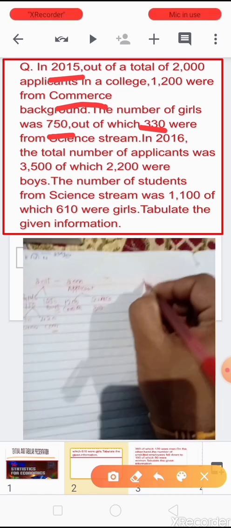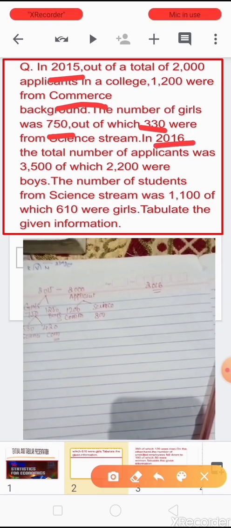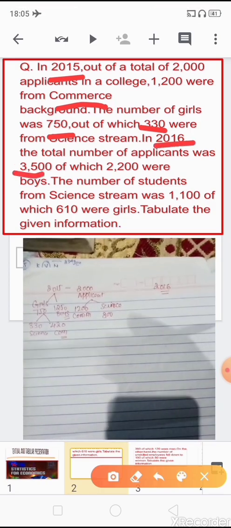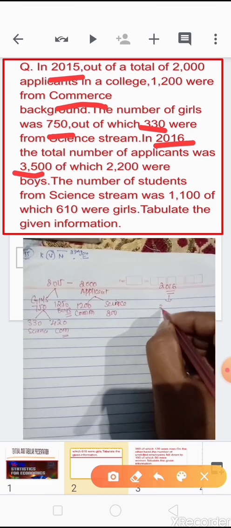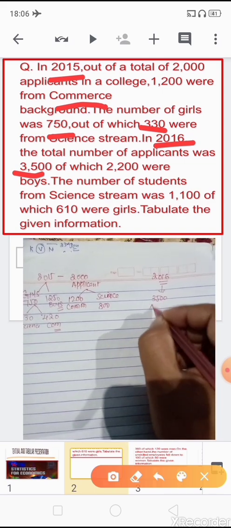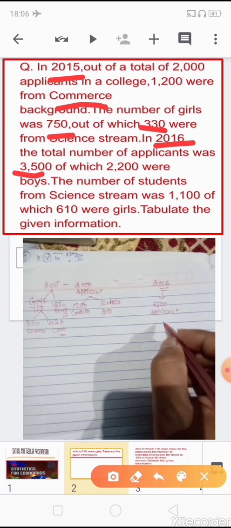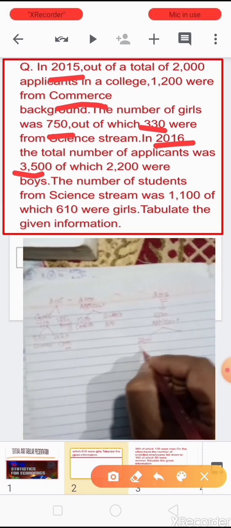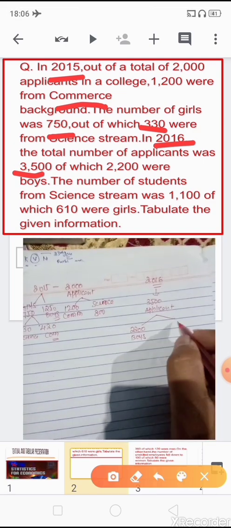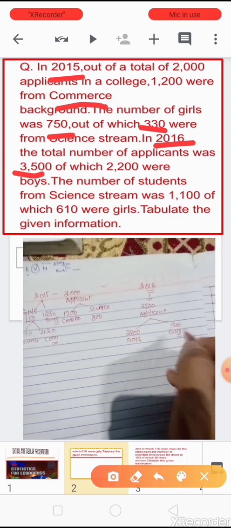Now in 2016, the total number of applicants was 3500, of which 2200 were boys. So you can find out that the remaining 1300 students were girls who applied for admission.